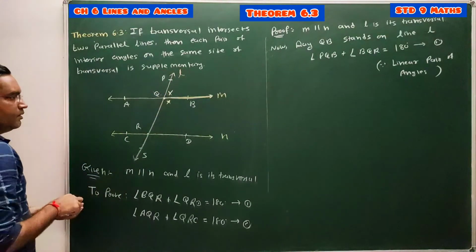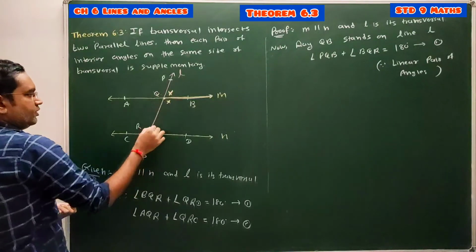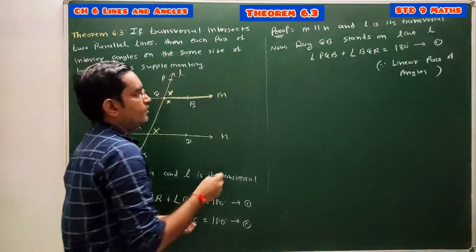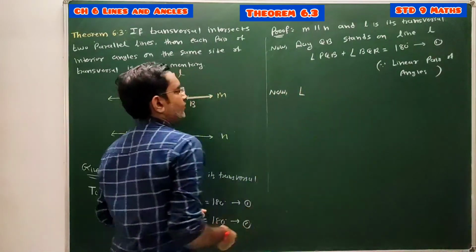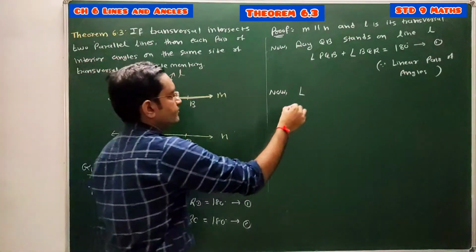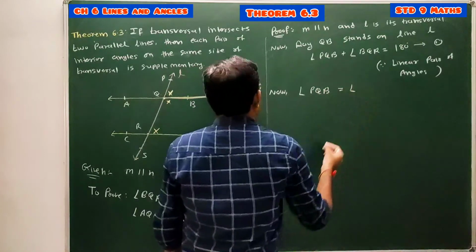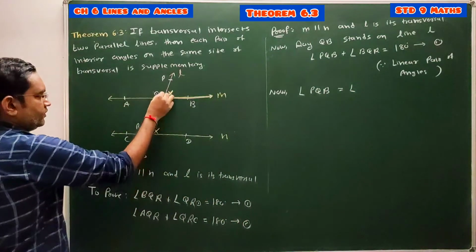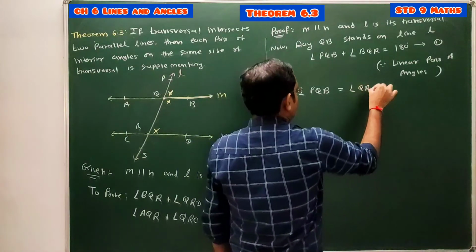Now think about these two angles. These two angles are corresponding angles. So second result: corresponding angles are equal. So angle PQB is equal to angle QRD.